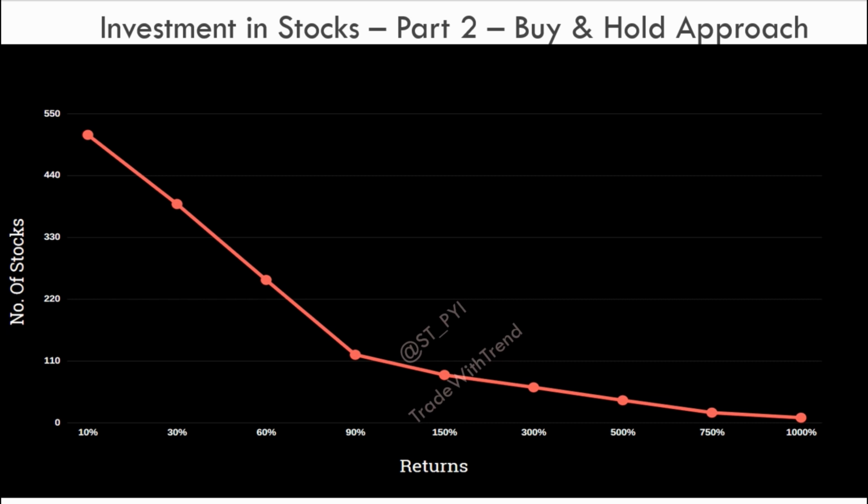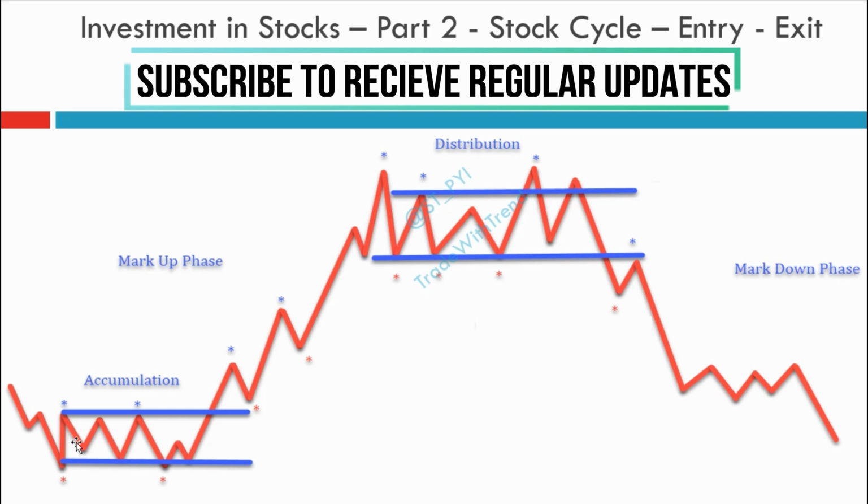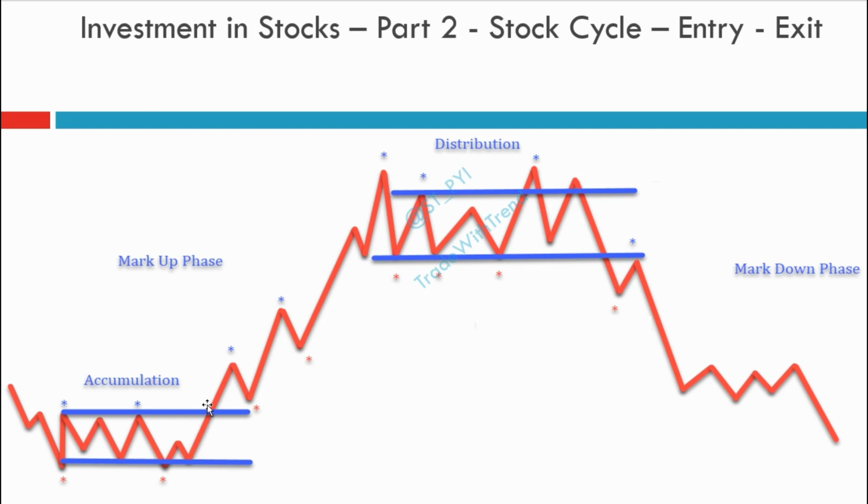All right. So I'll come back to this Richard Wyckoff stock cycle. I'll just explain it in a brief note for those who have not watched the first part. So the basic idea is that a stock actually goes through a period of accumulation, then it breaks out, then it has a markup phase where the price moves up, then it consolidates or rather distributes and has a markdown phase where it starts moving down.